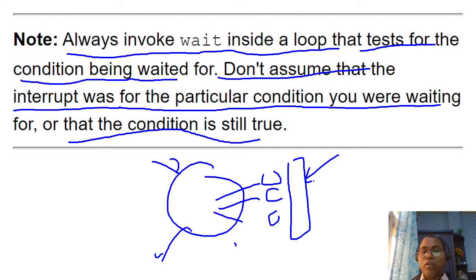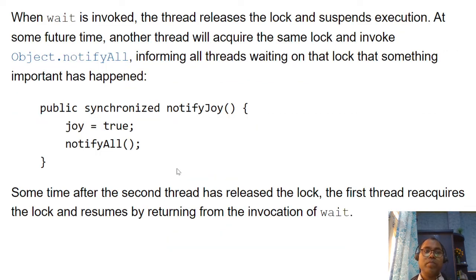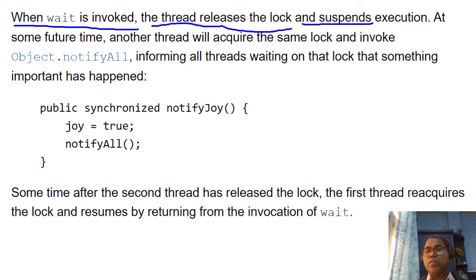When someone gets notified, how do they notify? The Object class provides the wait method, and similarly the Object class provides the notify method. So when the wait method is invoked, the thread releases the lock and suspends execution.